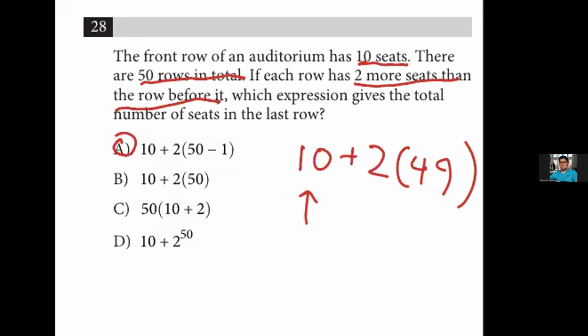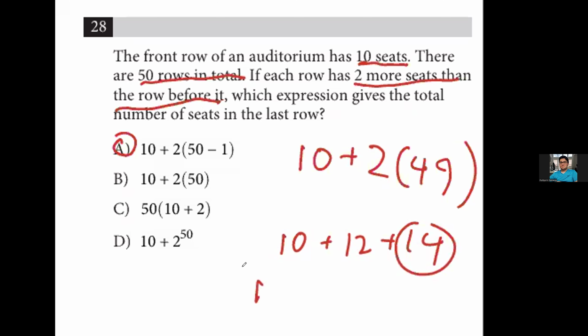If you want to check this, you can also just use smaller numbers to check. So let's say that instead of 50 rows, there's only 3 rows, such as 10, 12, and 14. In which case the third row would be 14. A way to check this would just be doing 10 plus 2 times, instead of 50 rows, we have only 3 rows.